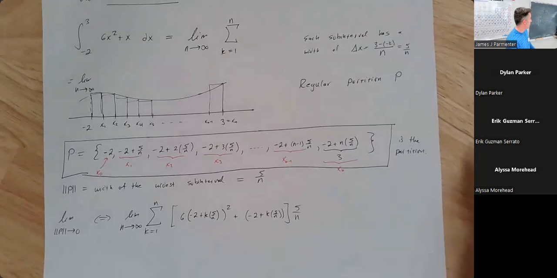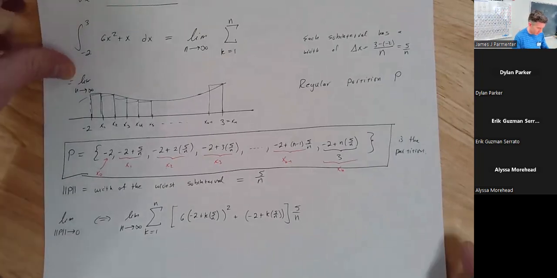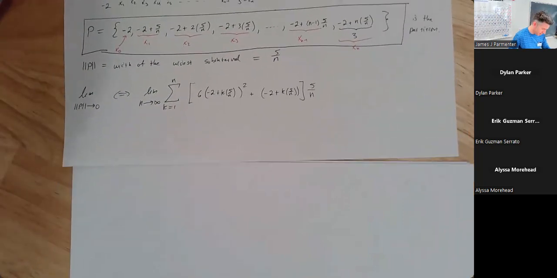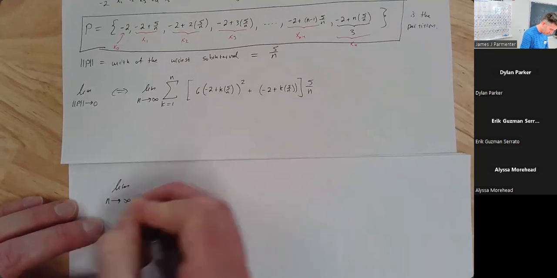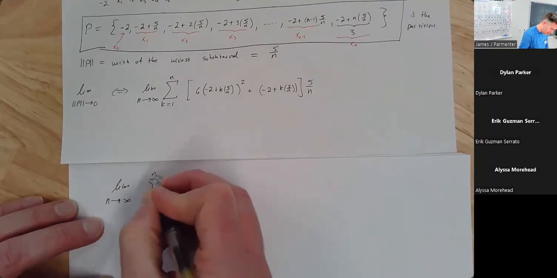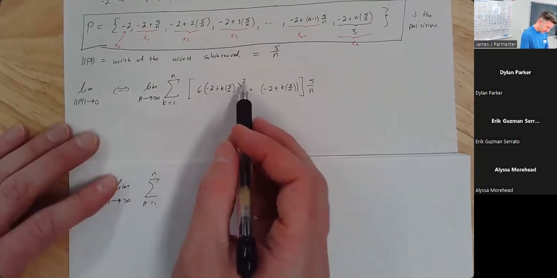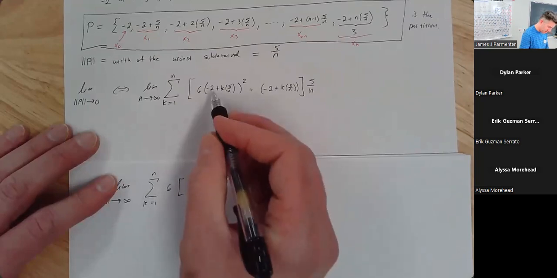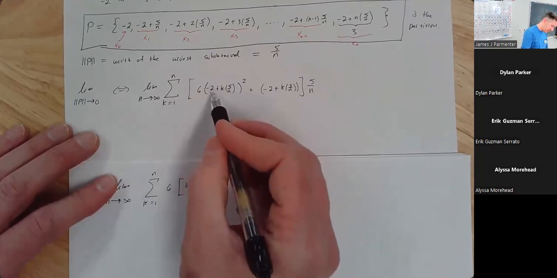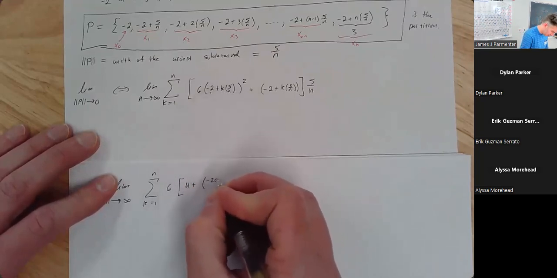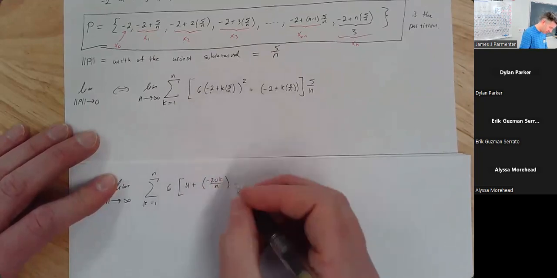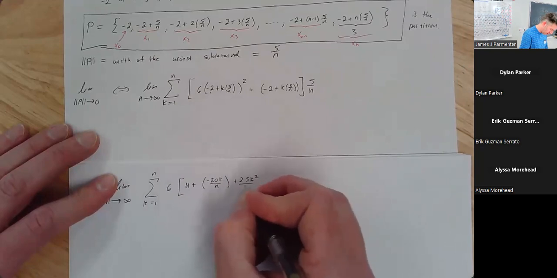The rest of this is a lot of terrible algebra and remembering some formulas. So let's multiply this out as quickly as possible. This is the limit as n goes to infinity of the sum from k equals 1 to n of 6 times, and I've got to square this out: 4 plus -2 times 5k over n, which is -10k over n, but it's times 2, so -20k over n, and then 5k over n squared is 25k squared over n squared.